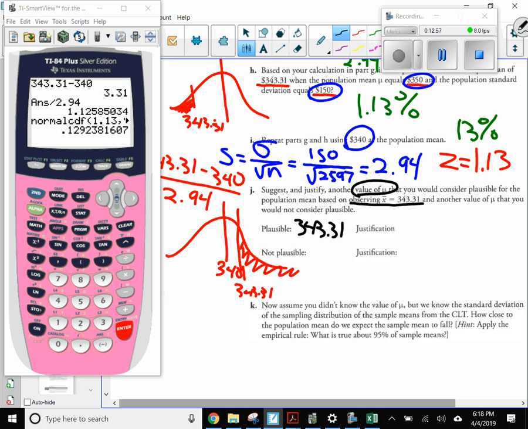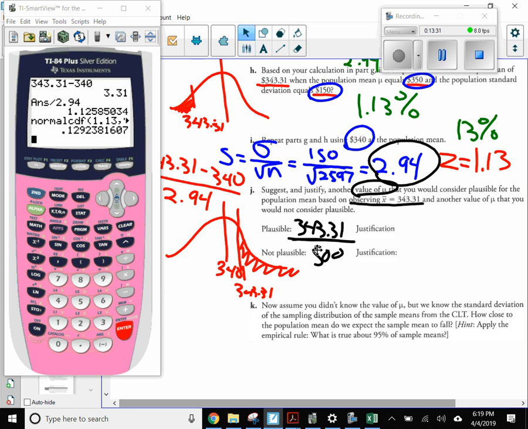That would be exactly right on the money. Anything relatively close to that mean, considering that my standard deviation is 2.94, is really pretty plausible. Something that is not plausible would be something farther away from the mean, like, I don't know, $500. That's way too far away from the mean. It'd be highly unlikely that I would get this 343.31.